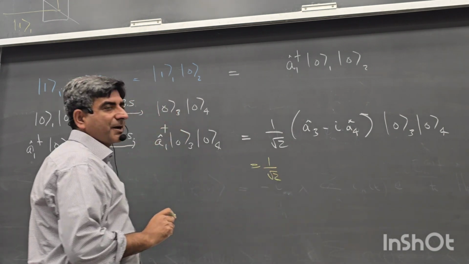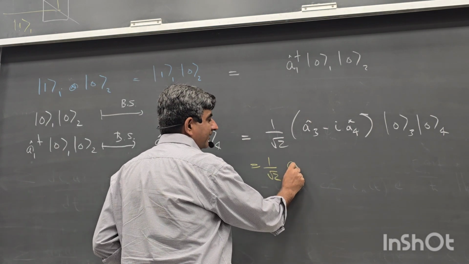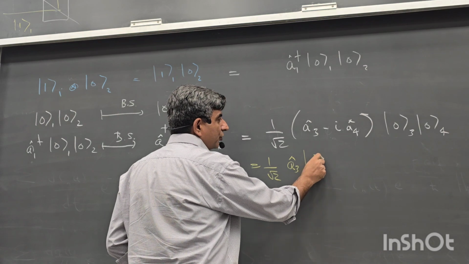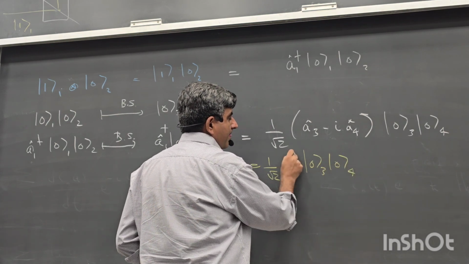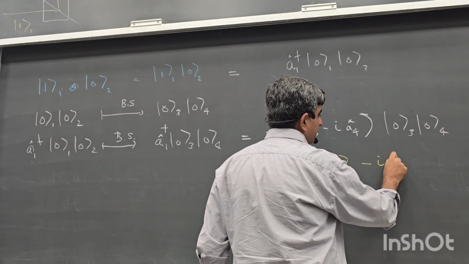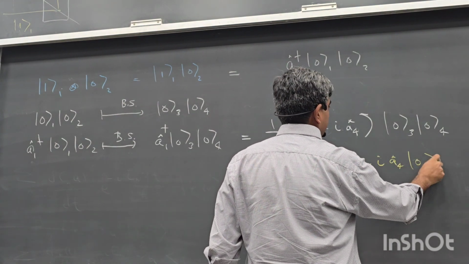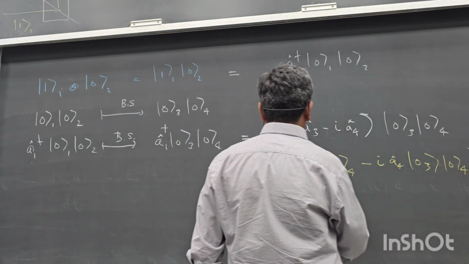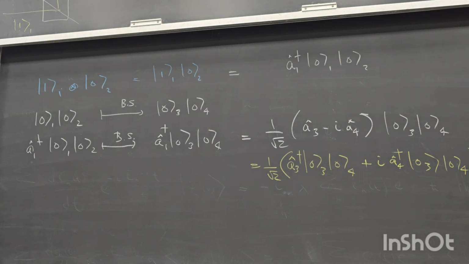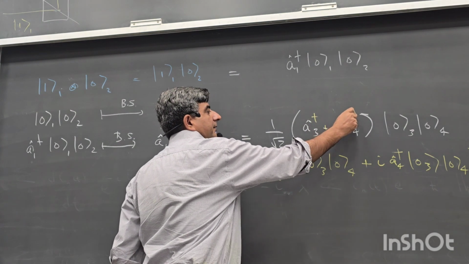Now I'm going to do this extra step for you, but in later elaborations I will miss out on this. A3 dagger acts on ket 0 3 0 4, okay? And A4 dagger acts on it, in fact it's a dagger here, right? Yes, sir. Plus here, because I need to take the Hermitian conjugate of the top expression. Plus dagger, dagger.